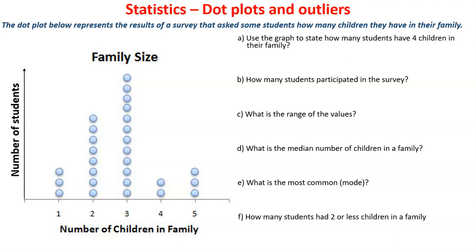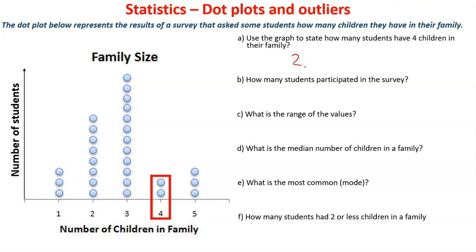Question A says, use the graph to state how many students have 4 children in their family. So pretty easy. What would we be doing? Well, we'd have a look at 4, and we can see there how many dots or circles do we have? Well, we have 2. So the answer to this would be 2.